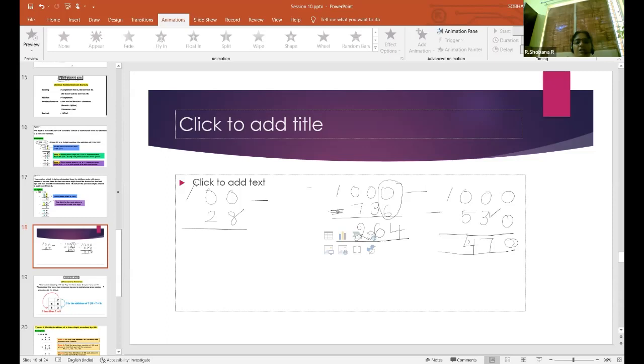Understood, teachers? Supposing you have a very large number and you have to do the subtraction. This would be 0, this would be 0. You would start applying the sutra only from these numbers.